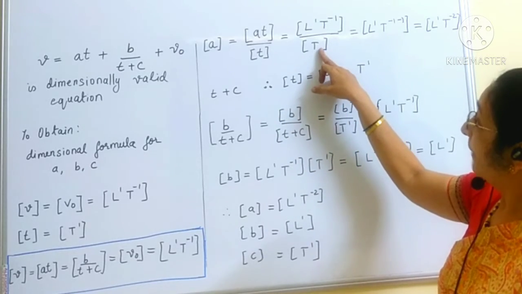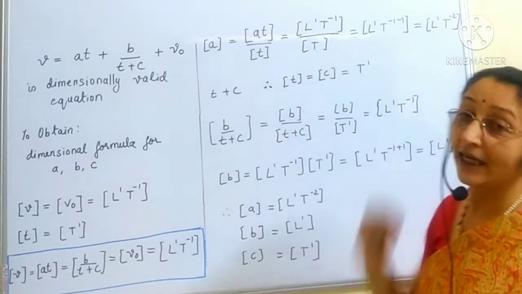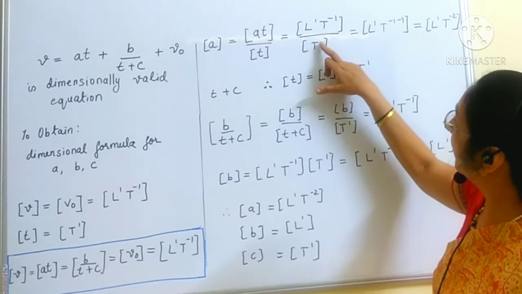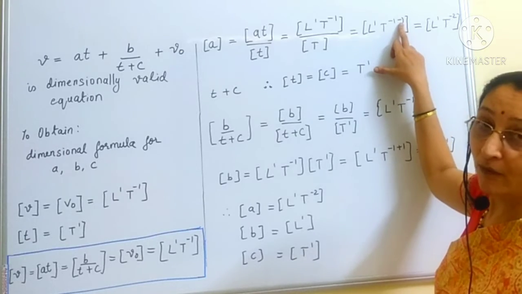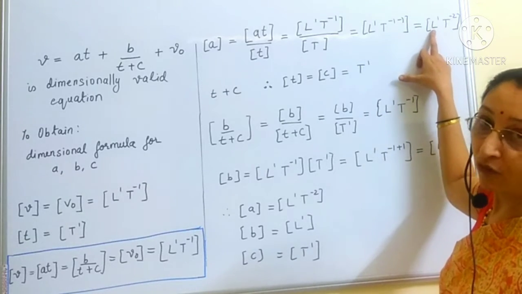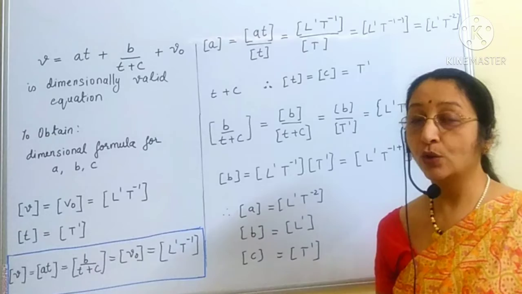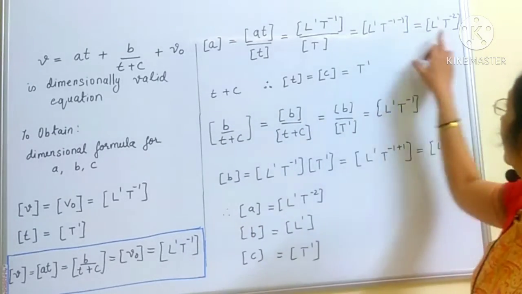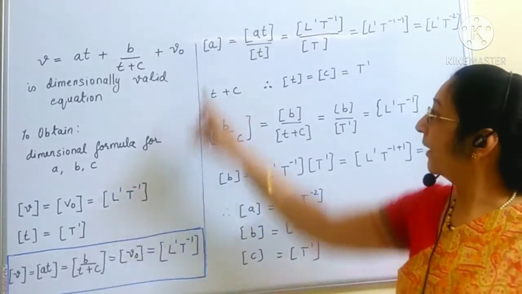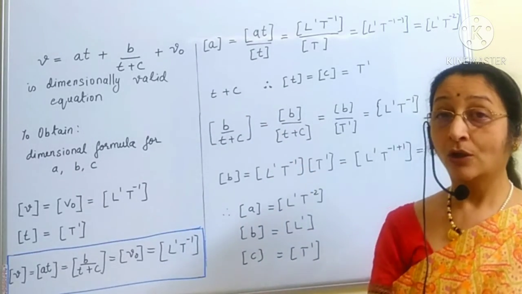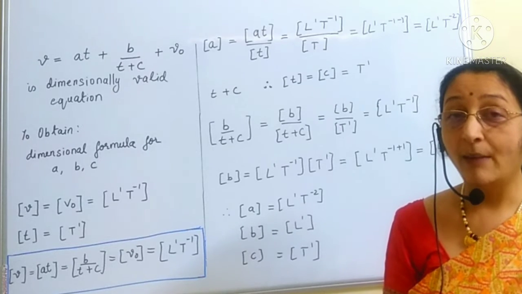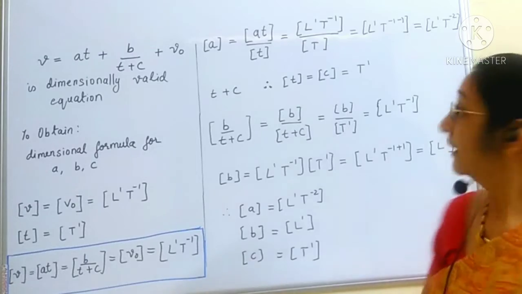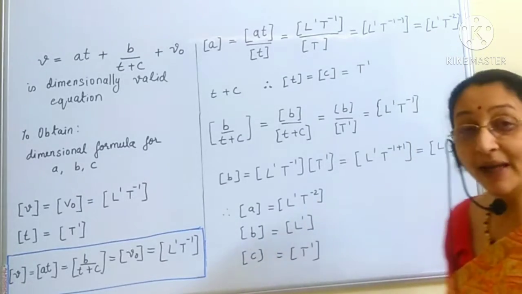So, this power of T we can take in the numerator and it will become T to the power minus 1. So, we get L to the power 1, T to the power minus 2. So, this is the dimension for A. That is meter per second square. So, the dimensions of A are the dimensions of the acceleration, that is L to the power 1, T to the power minus 2.